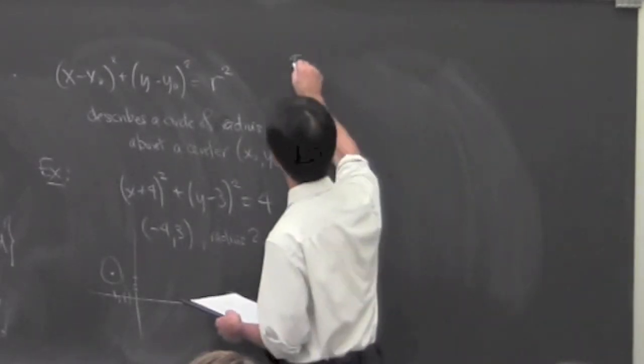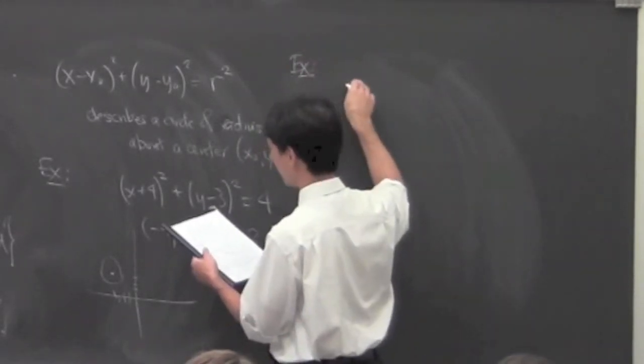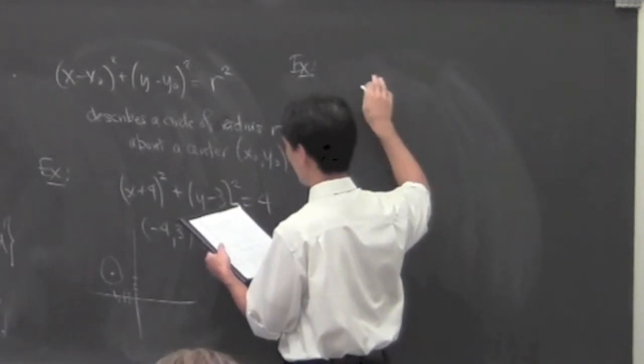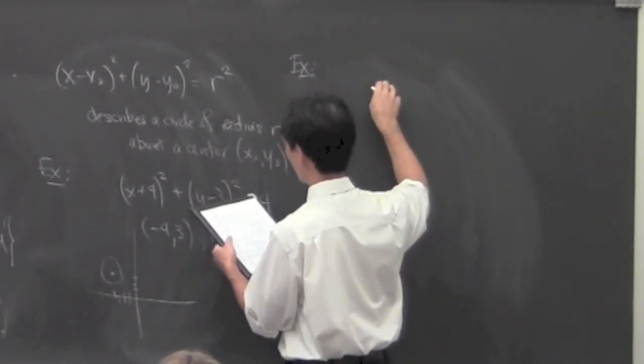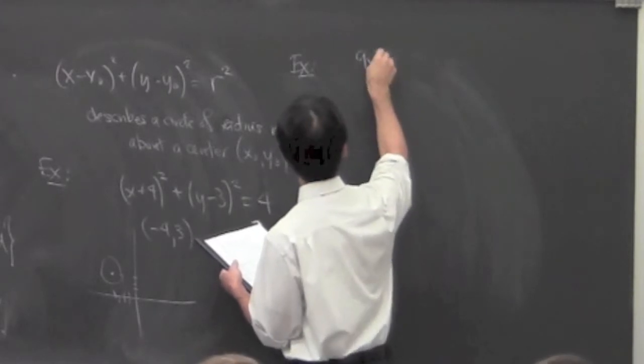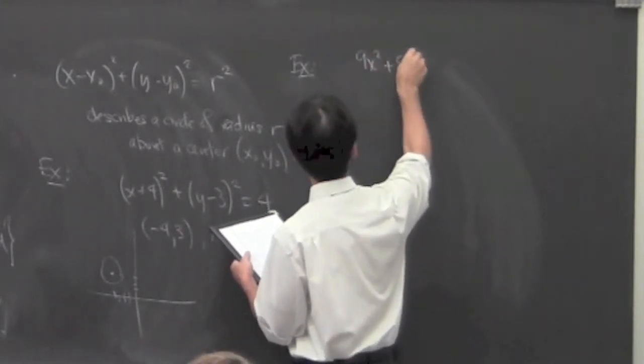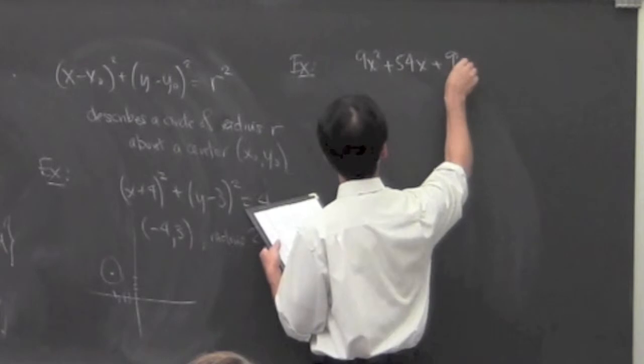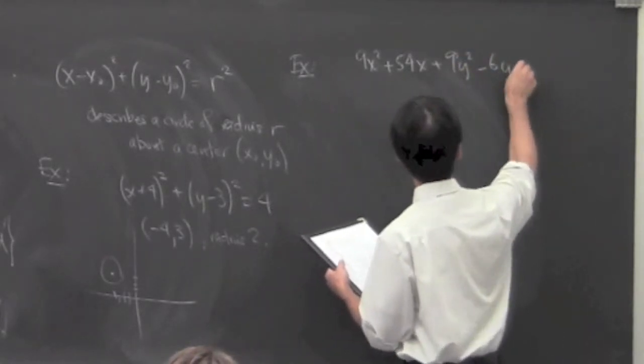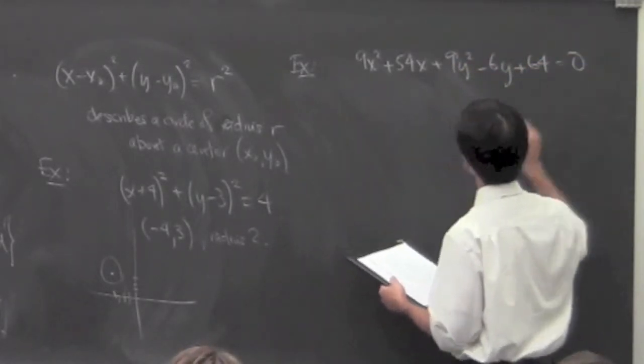To give another example, somebody gives you something like this: 9x^2 + 54x + 9y^2 - 6y + 64 = 0.